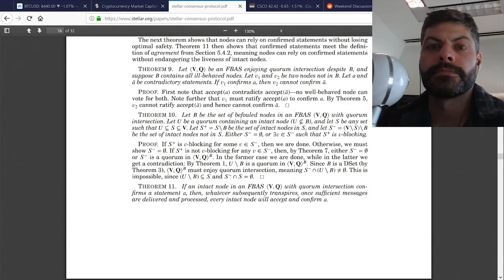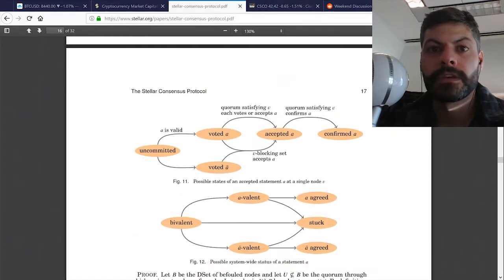Theorem 11. If an intact node in an FBAS of the tuple V, Q with quorum intersection confirms a statement A, then whatever subsequently transpires once sufficient messages are delivered and processed, every intact node will accept and confirm A. See proof below on page 17.